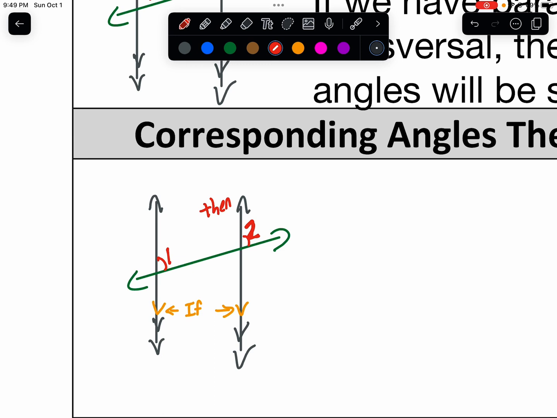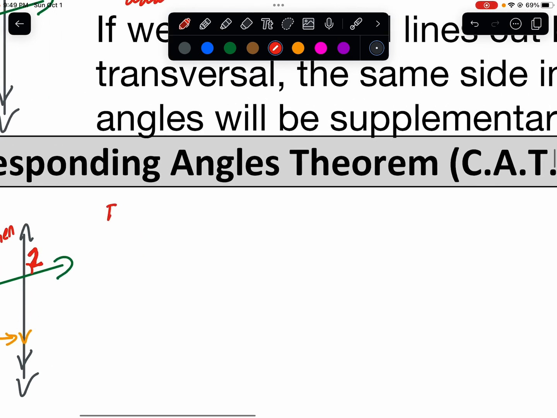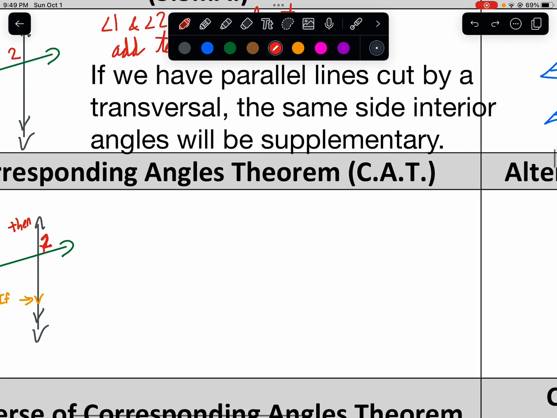Those if-then statements are very useful in geometry, being able to build proofs or state proofs. So we always want to make sure we do that. Let's go over here and write it. Let me state that real quick.